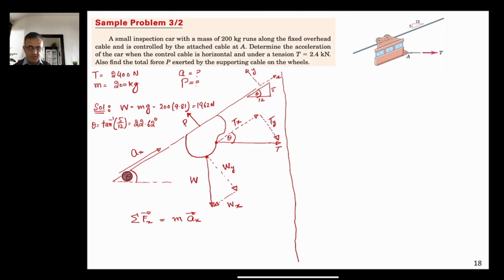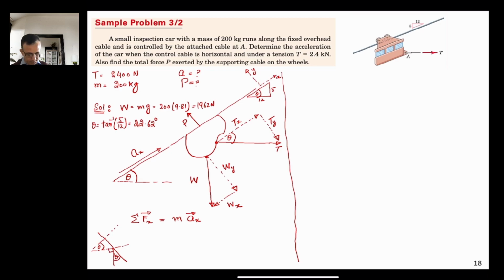Now you may be aware of this rule, that if you have two lines, and the angle between these two lines is theta, and you draw another set of two lines, where one is perpendicular to this one, and another one is perpendicular to this one, then if this angle is theta, this angle is automatically theta.